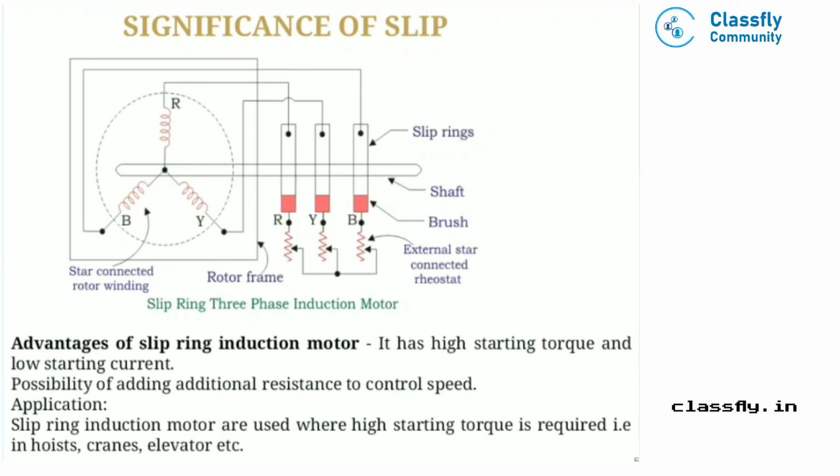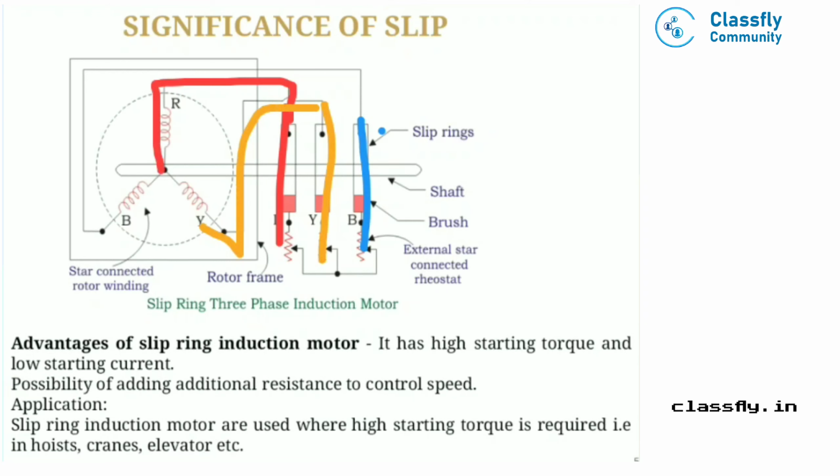We know that in a three-phase supply, one will be red color, one will be yellow color, and one will be blue color. So the red color will be connected to the red portion, the yellow will get connected to the yellow, and the blue will get connected to the blue.